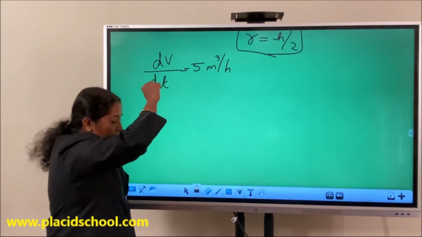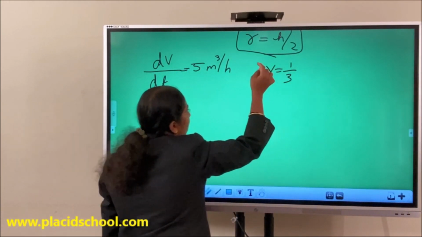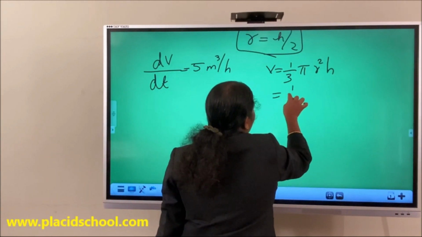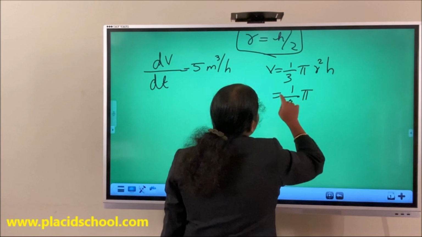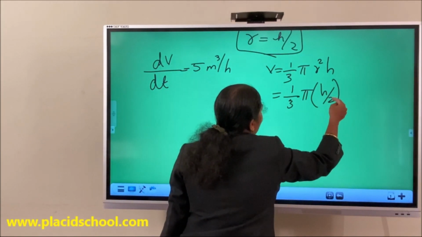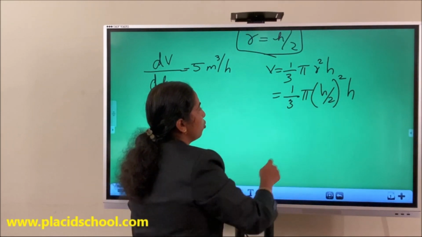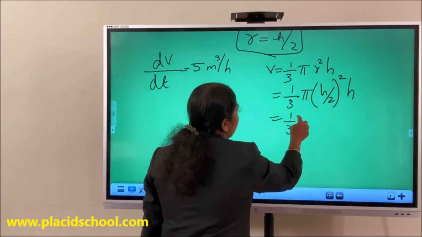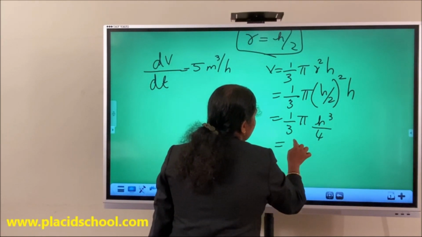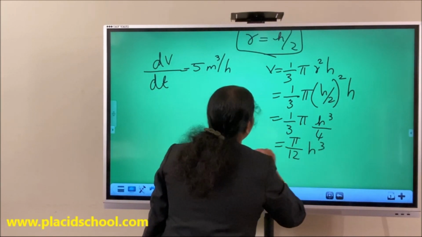Now the volume of a cone is 1 by 3 pi r square h, which is 1 by 3 pi into. Instead of r, I am substituting from what we have found out. Instead of r, you can substitute h by 2 the whole square. So this is 1 by 3 pi into h cube by 4, or it is pi by 12 h cube.